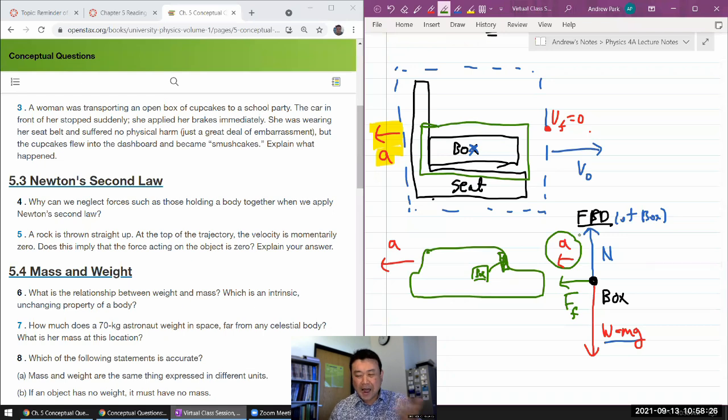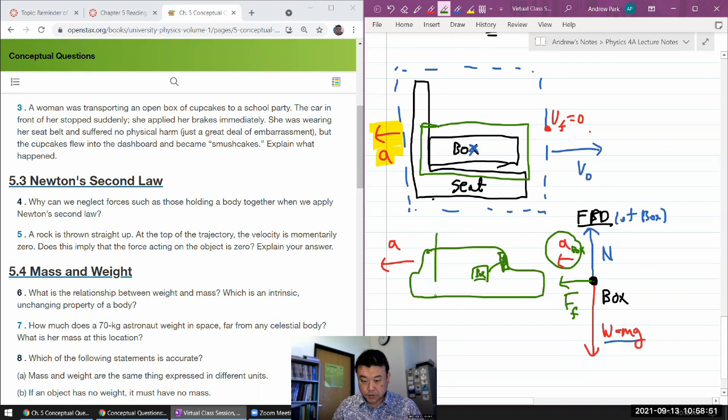So you might ask, how does this box smash to the front of the car then? And that's where you have to convince yourself of the truth of this statement. The box doesn't accelerate forward. To the extent that there's any acceleration, it has to be backward, because any force that can be on the box is pointing backward.